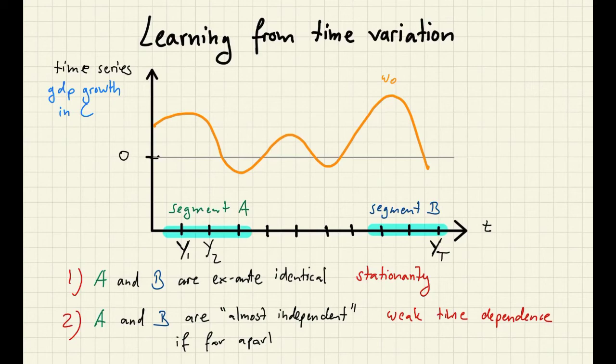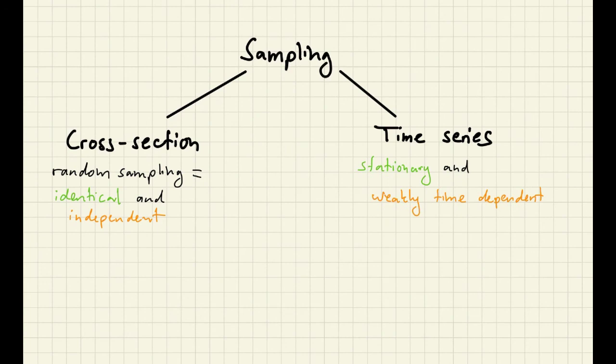Now, I've spent a lot of time explaining why cross-section and these kind of time series are very similar. Let me now talk about how they are very different. So first off, when you have a cross-section and you collect the data yourself, then you can implement random sampling, and then you know that the data is identically and independently sampled.